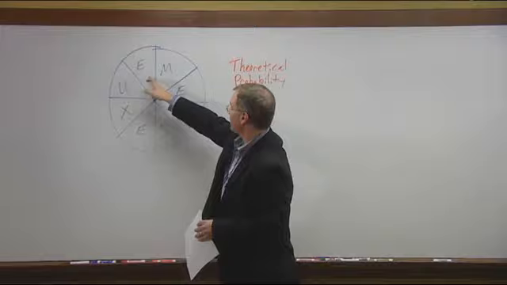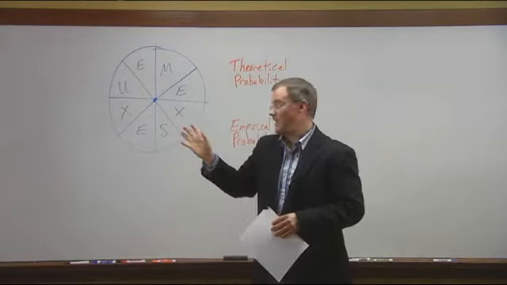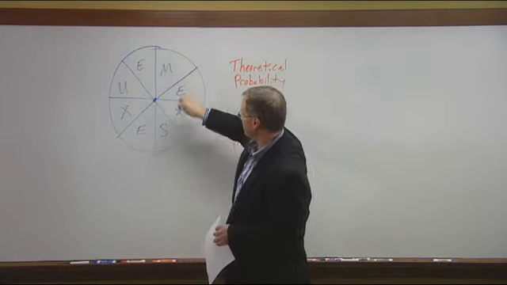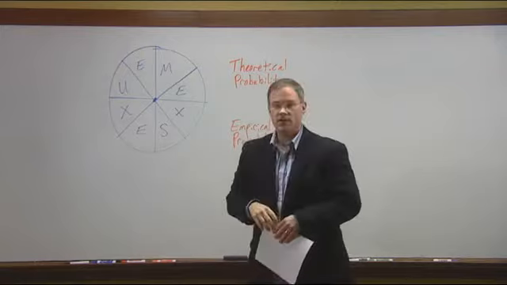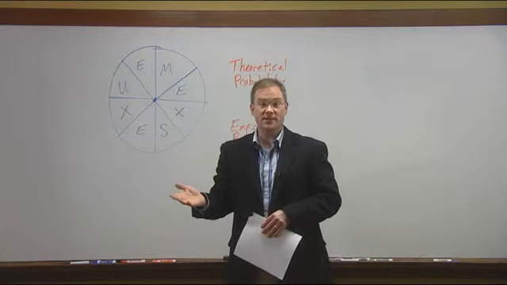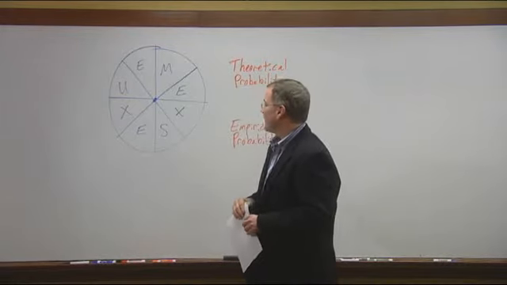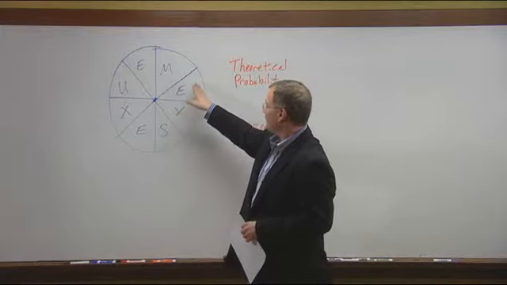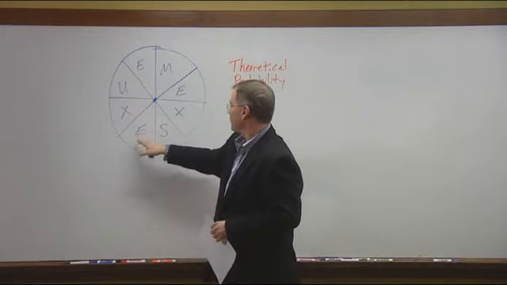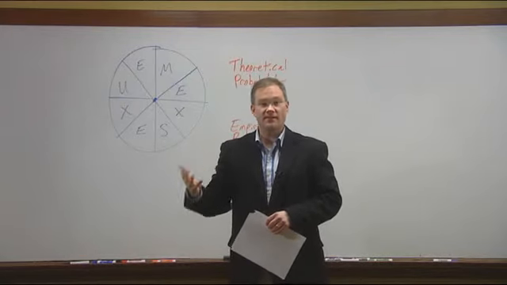Well, if you spin this, there are 8 equal-sized pieces of this spinner, and there are 3 of them that are an E. So there's a 3 out of 8 probability that he would get an E. How about this question asked about vowels? For here, there are 1, 2, 3, 4 vowels. So the probability that they'll spin a vowel is 4 out of 8, or 50%.